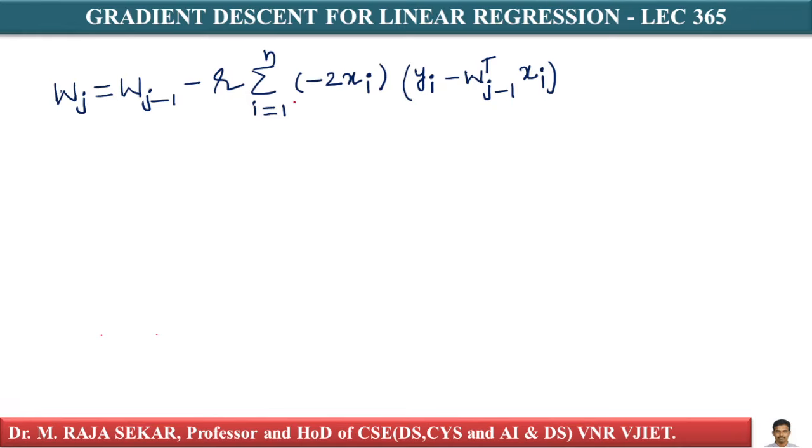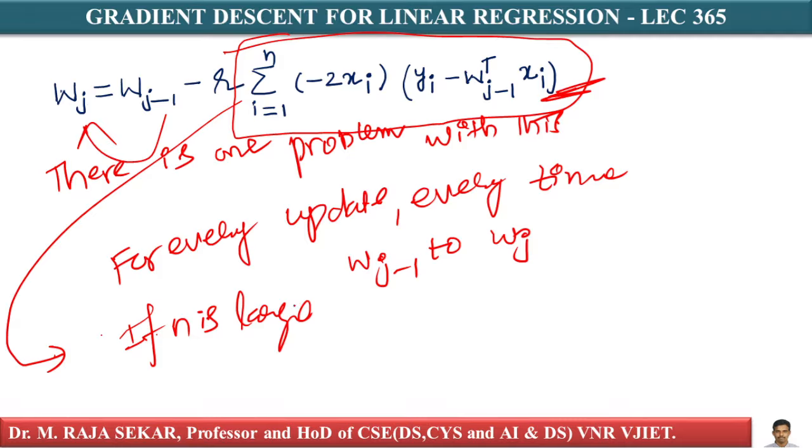If n is very large, if your training data set is very large, let's say n equal to 10 million data points, which is not uncommon in data science, then we need to compute this sigma over all points.